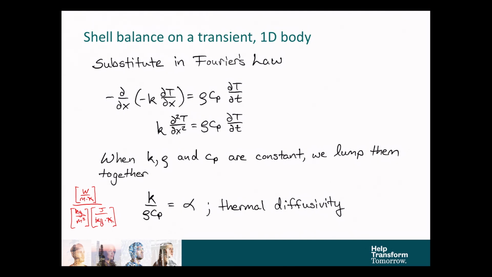We get a meter squared in the numerator. The joules cancels with the joules of the watts, but we have a seconds in the denominator. And so the units of alpha, the thermal diffusivity, are meters squared per second.